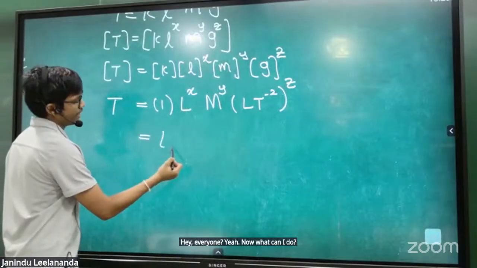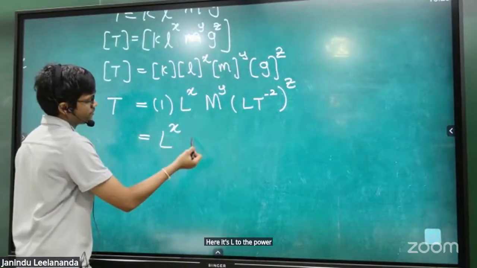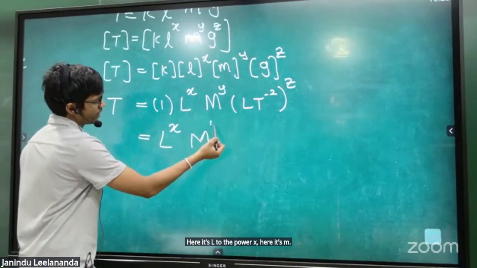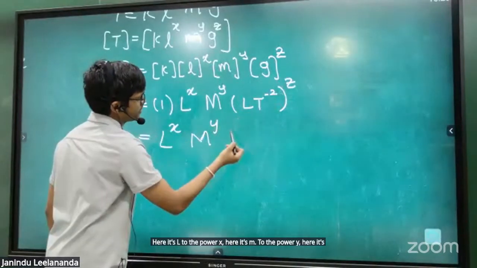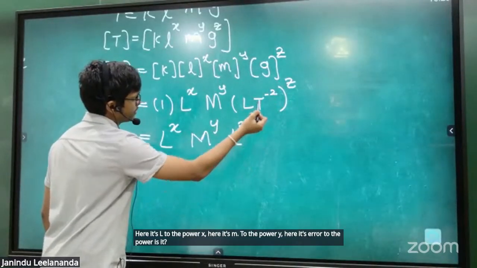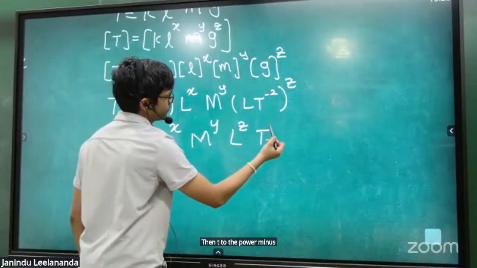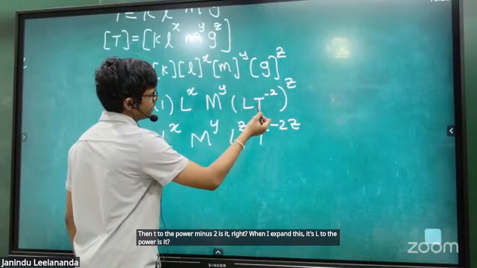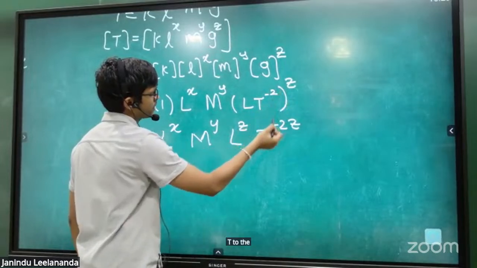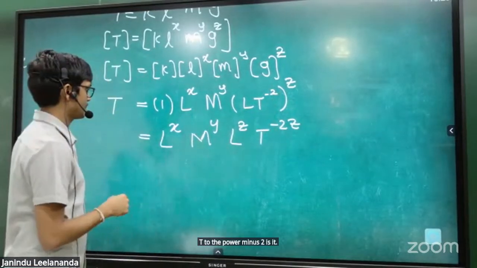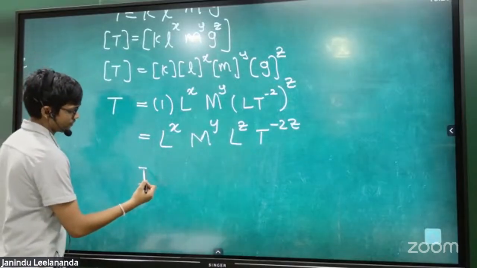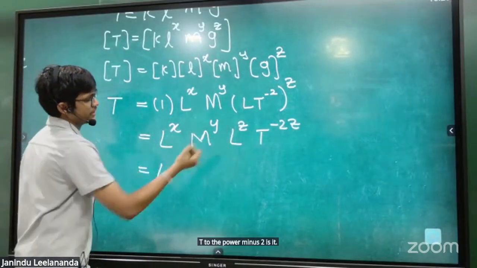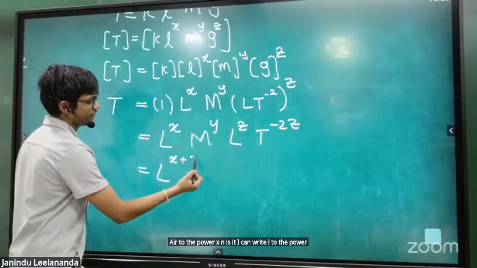Here it's L to the power x. Here it's M to the power y. Here it's L to the power Z, then T to the power minus 2Z, right? When I expand this, it's L to the power Z, T to the power minus 2Z. Clear? Then L to the power x and Z, I can write L to the power x plus Z, right?